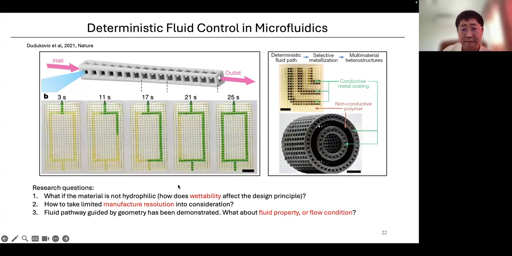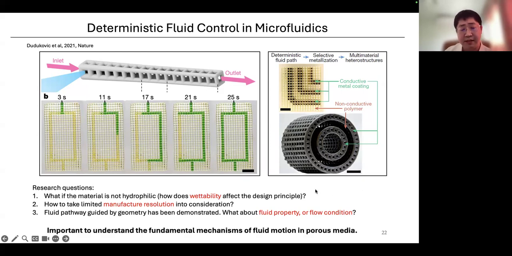And lastly, in this study, they achieved the fluid pathway by geometry. By geometry, I'm saying just the contrast in the packing, the porosity of the solids. But what about controlling the fluid path by fluid property or flow condition?